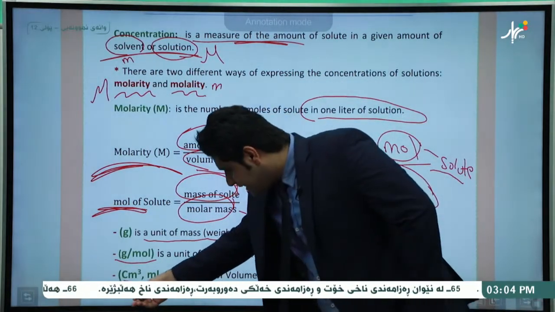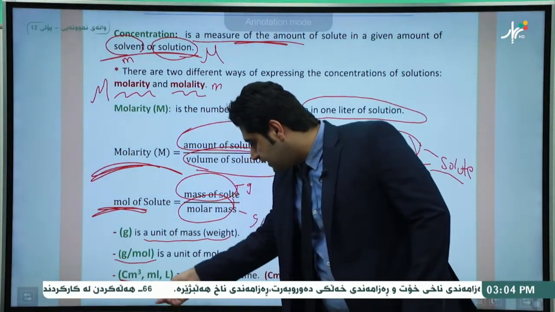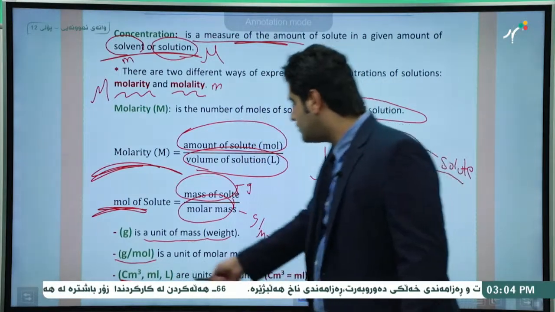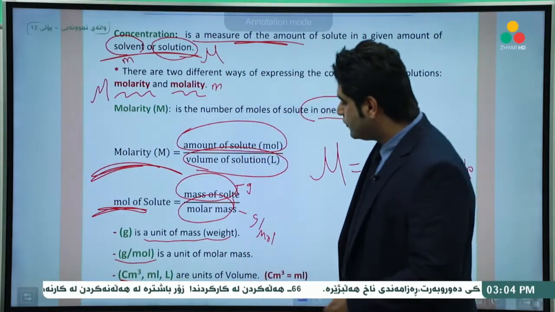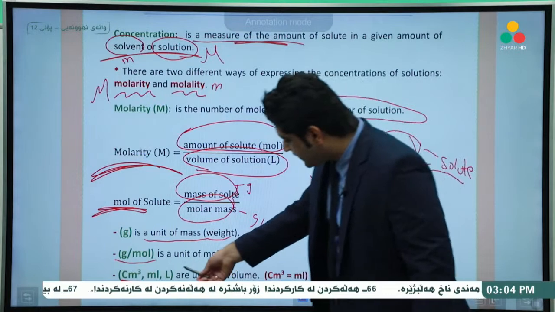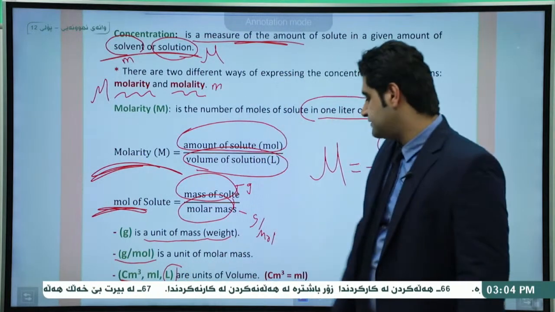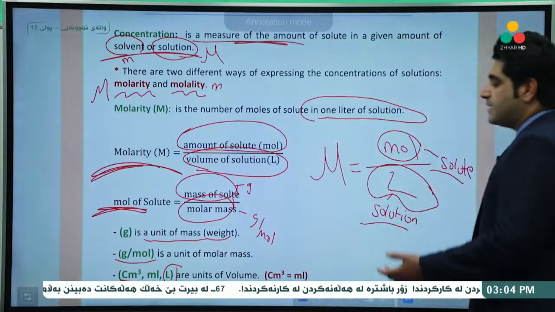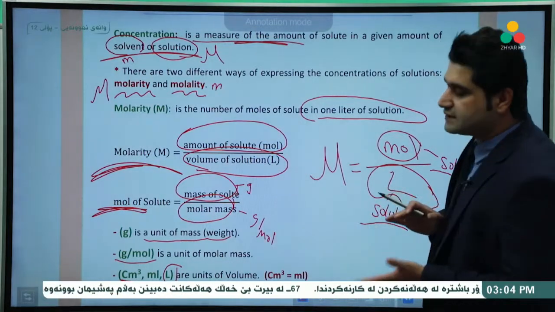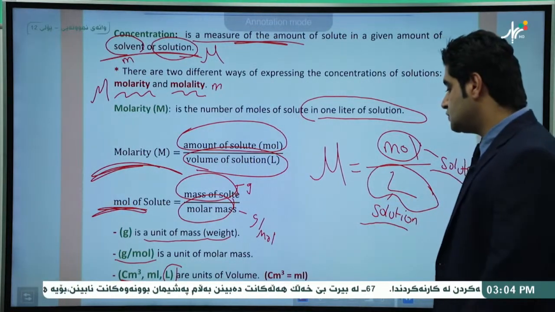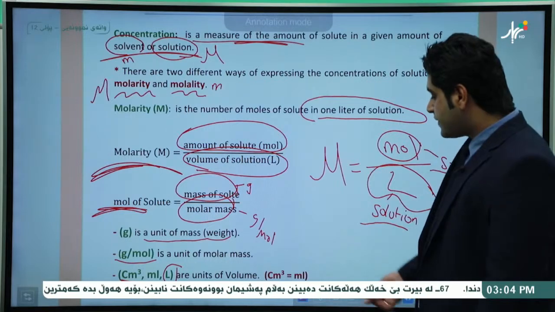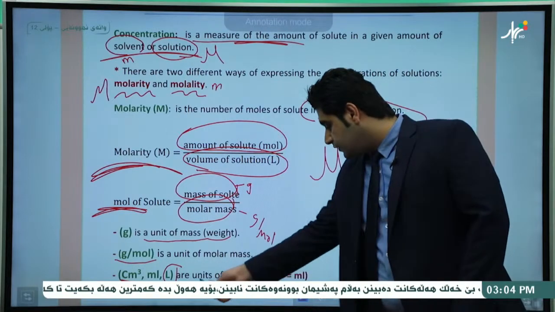Okay, we have centimeter cubed, milliliter, and liter as units for volume, but which one is desired? The liter. Liter is desired. We know that, and we can make a conversion factor between milliliter to liter, centimeter cubed to liter. So they are units of the volume.